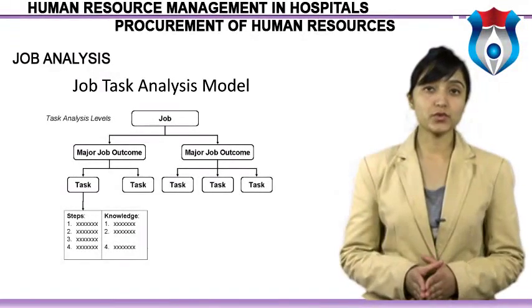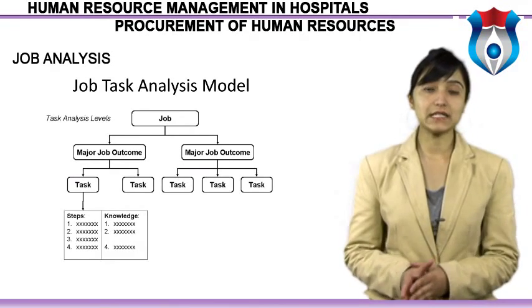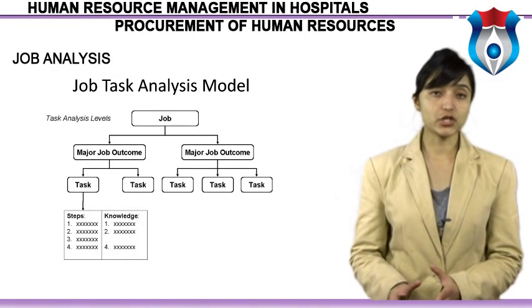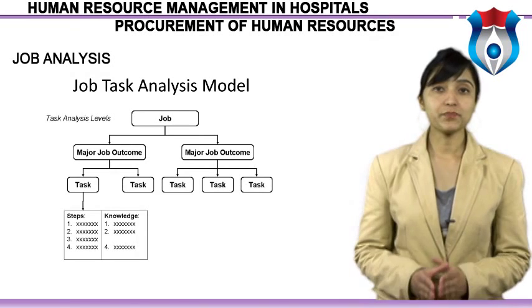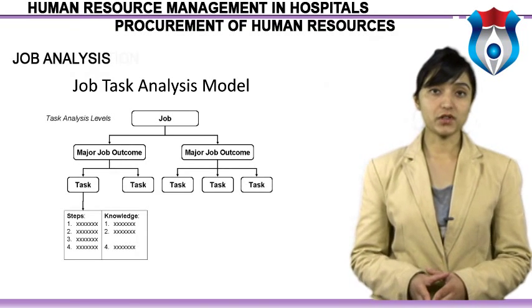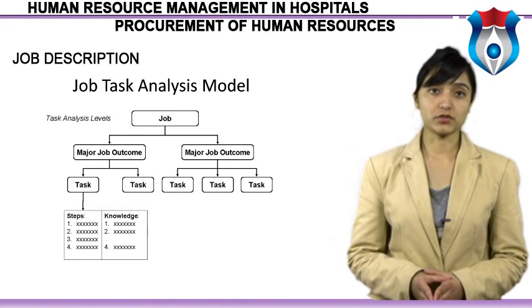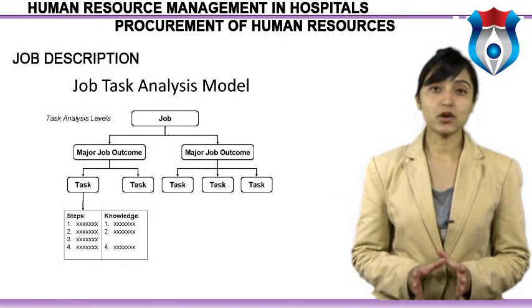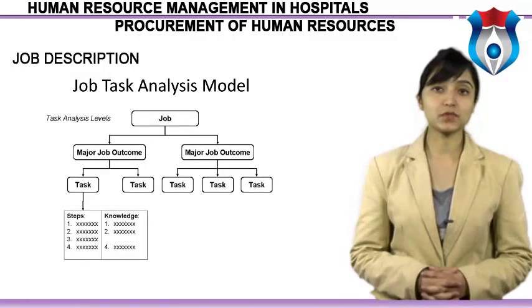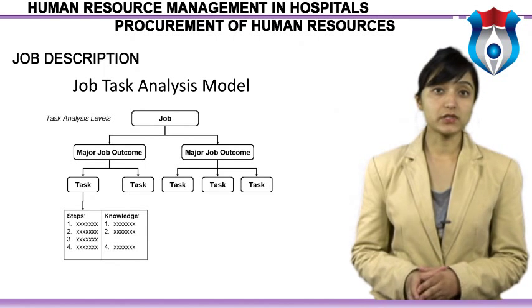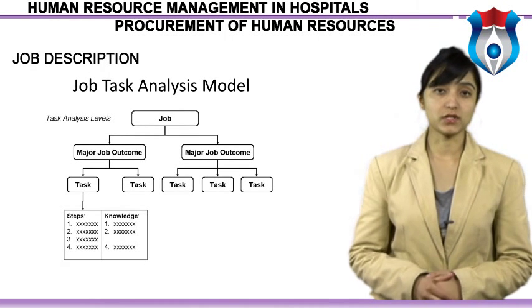Job analysis. Job analysis is the primary function in HRM. It is the prerequisite of all processes leading to recruitment, selection, performance appraisal, training and development of staff. Job description. Job description is the organized and factual statement of duties and responsibilities of a specific job in the hospital.